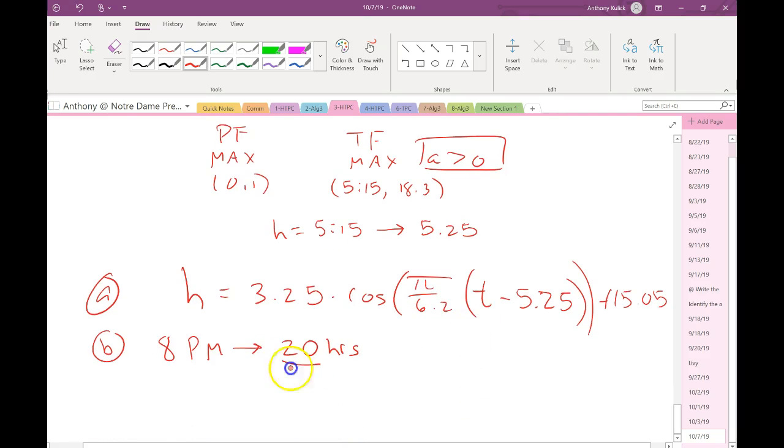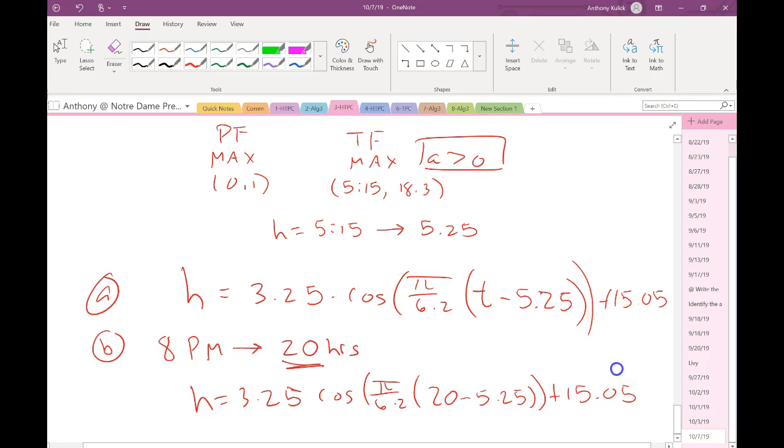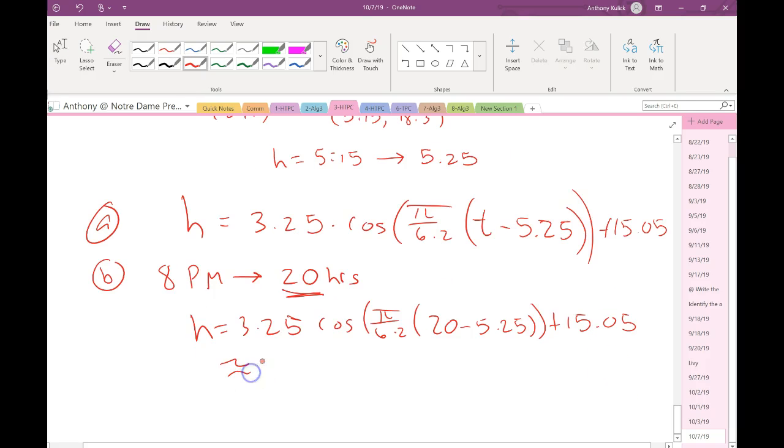So I have to plug 20 in for T. I tricked you there. But after you've seen the trick, it's unlikely you'll be fooled again, because you guys are quite clever. And when I type that into my calculator, I get about 16.26 feet.